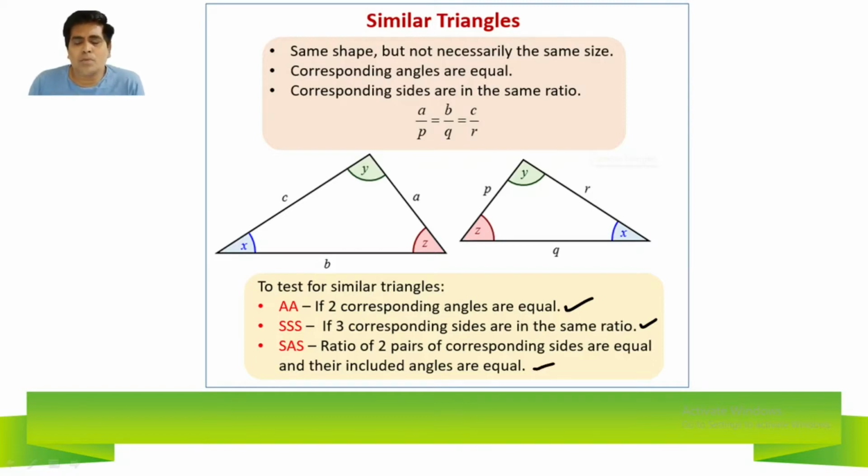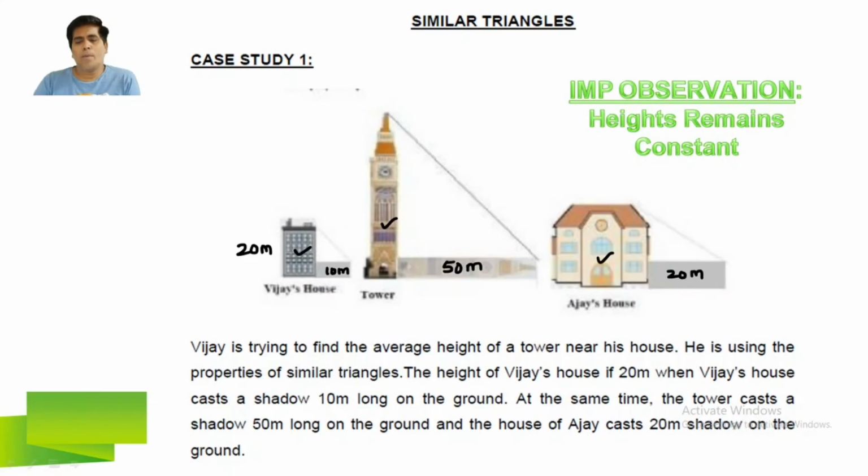But coming to this case study question, we are solving by the angle criteria. So why are we using the angle criteria? If I go back and take this one at the same time, first of all, on the ground, the heights always make 90 degrees.